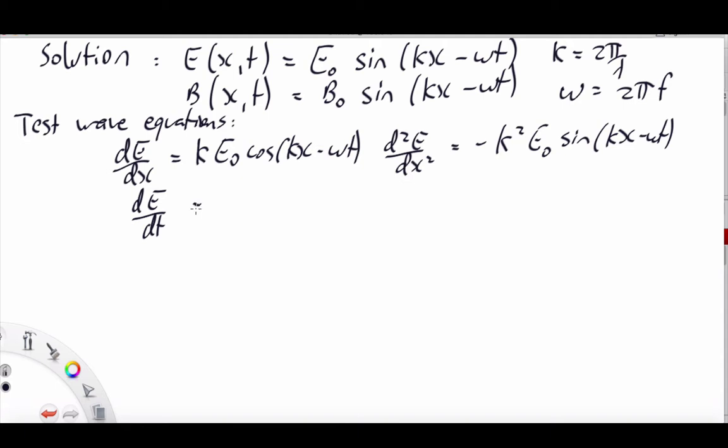Now if we're getting the derivative with respect to time, same thing, we times now by the coefficient of t, so it's minus ωE₀, and then we go from sine to cos.